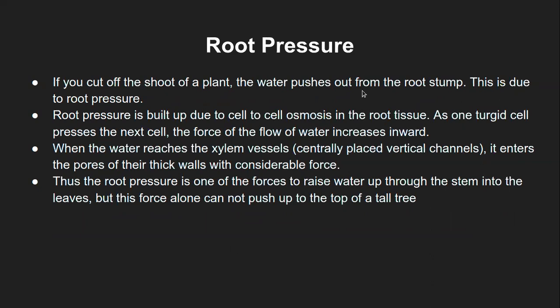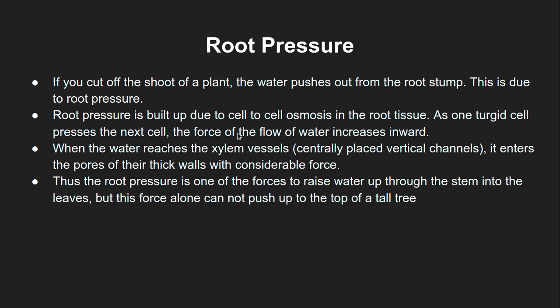That will keep pushing out the water because the water absorption has not stopped by the root. Though the upper part of the plant has been cut, the water is still absorbed, and it is due to the root pressure that the water will still be coming out of the root stump.